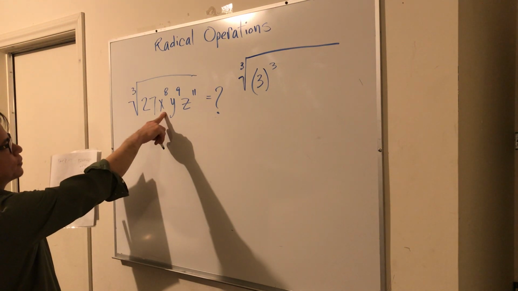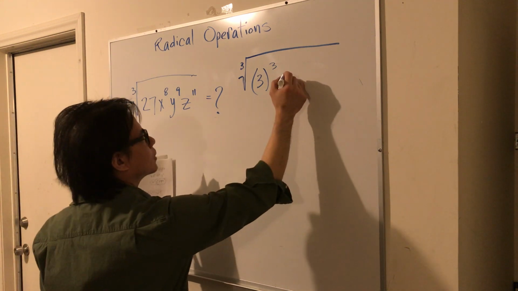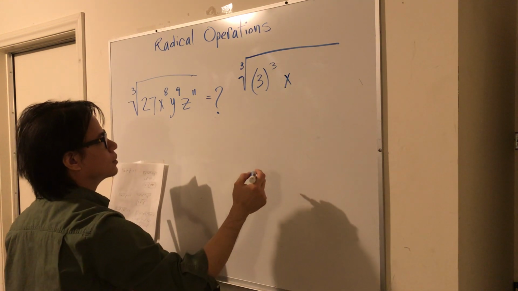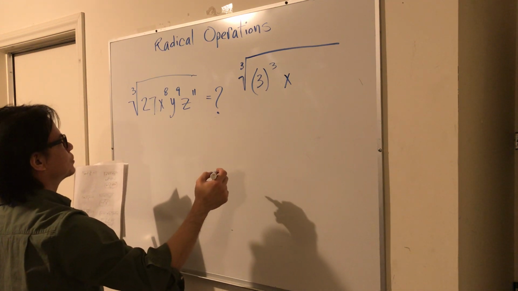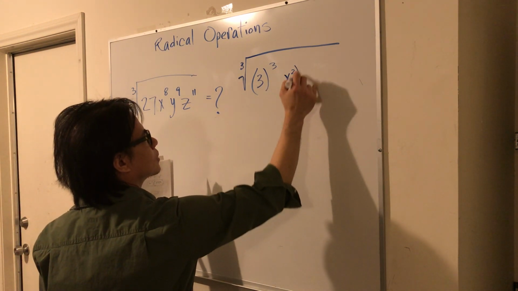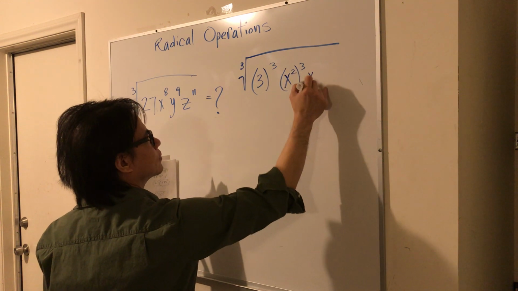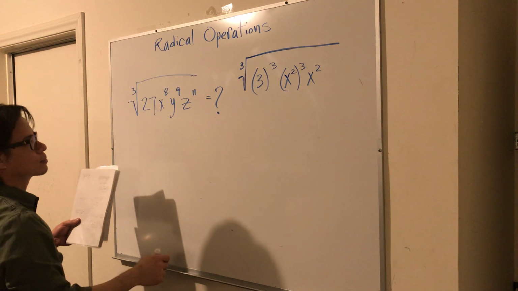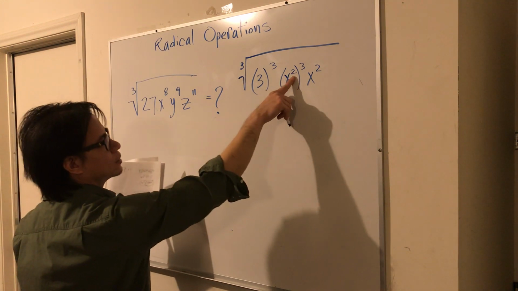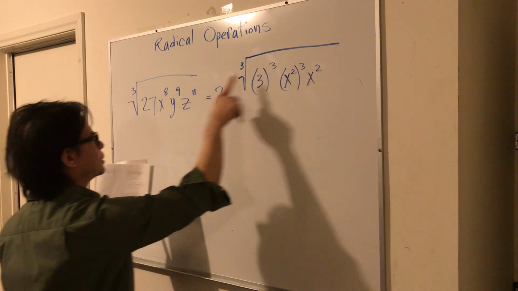And then you have x to the 8. So we'll go 2 times 3 is 6, and then you need 2 more to make 8. Okay? So again, 2 times 3 is 6, plus 2 is 8.